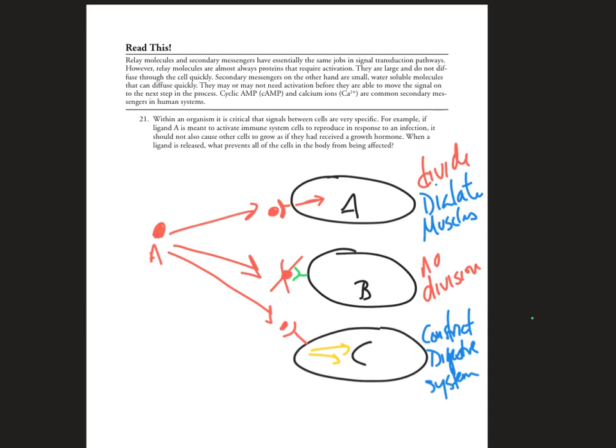So here's an instance where you would have a single ligand, in this case epinephrine, and it would cause one response in one cell and another response in another.